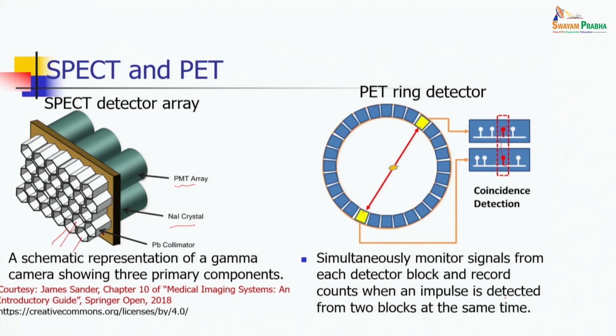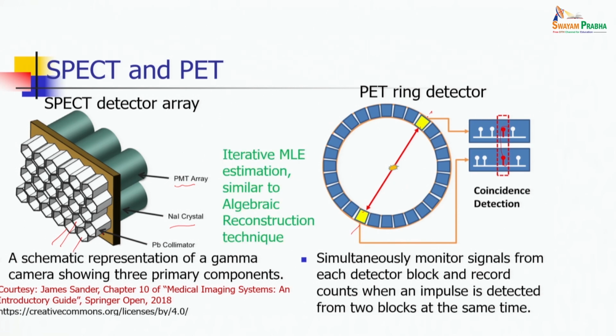So this involves simultaneous monitoring of signals from each detector block, and recording counts when an impulse is detected from two blocks at the same time. These are the detector blocks, and we only record counts when simultaneous detection is possible. There are methods like the algebraic reconstruction technique.